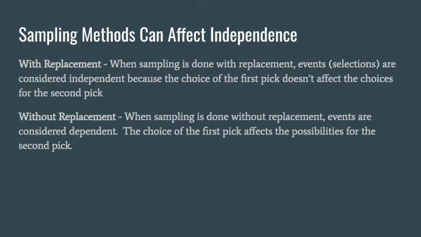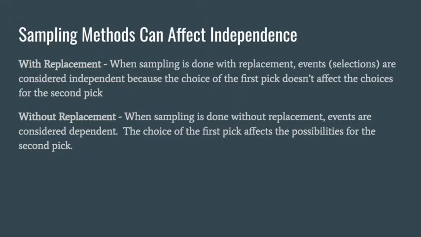It's important to note that sampling methods can affect independence. If we're sampling with replacement, then typically these events are going to be independent. These are most helpful to understand, I think, with small sample spaces. So say, for example, you have a deck of cards.